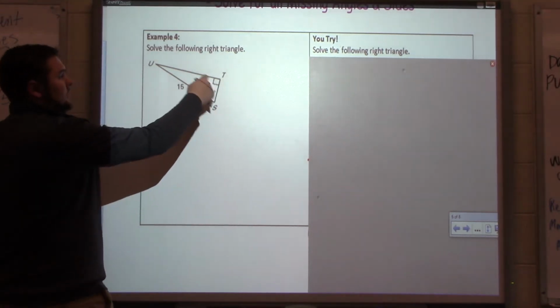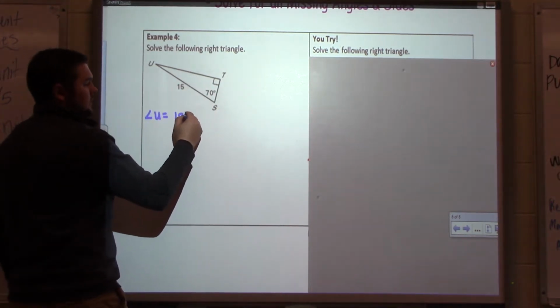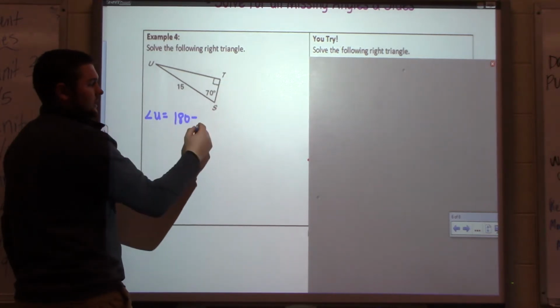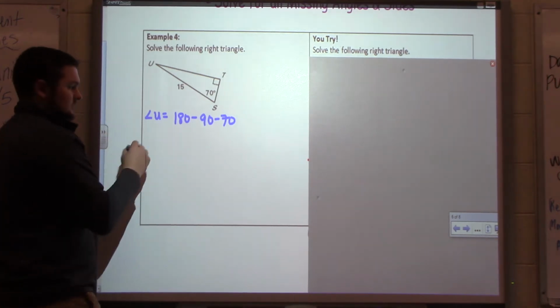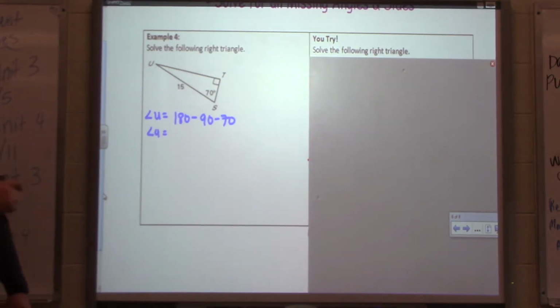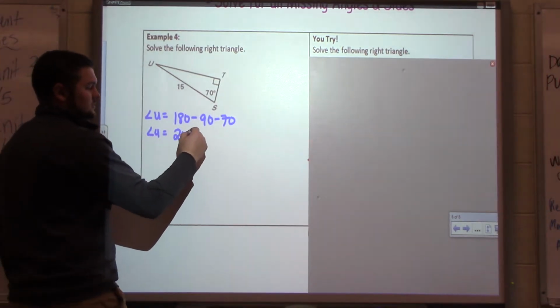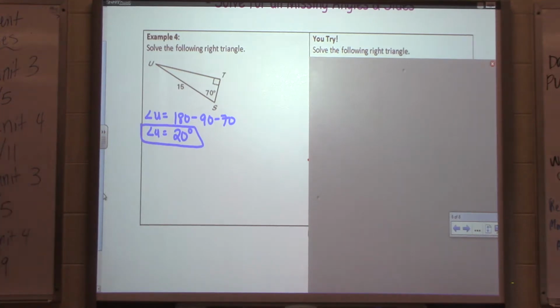So to find angle U, I'm going to take 180 minus those other 2 angles. So minus 90, minus 70. So angle U is going to equal 20 degrees. Do not forget that. If you forget the degree mark, it's going to get marked wrong on the test. I'm a stickler about it. You need to have that degree.